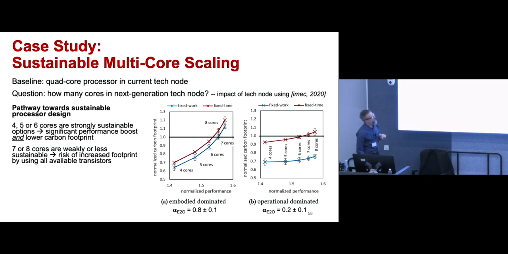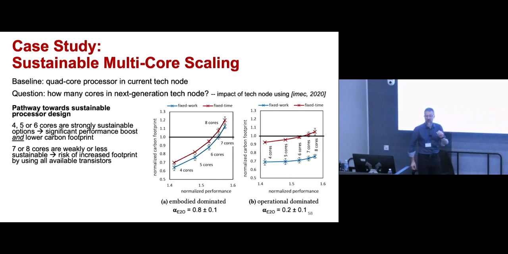And it turns out that if we go all the way, as industry is doing, using all the transistors that we can, and go to 8 cores, then carbon emissions are going to increase under both the fixed work and the fixed time scenario. When the operational emissions are dominating, it's going to be weakly sustainable. And when the embodied emissions are dominating, it's going to be not sustainable.